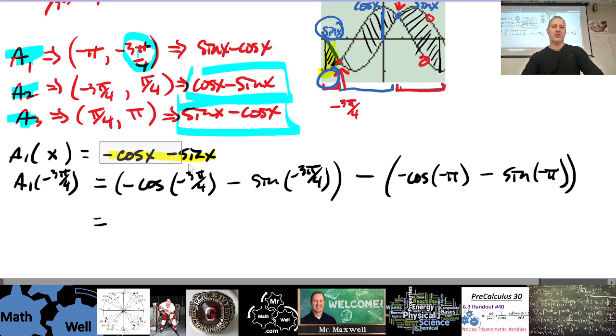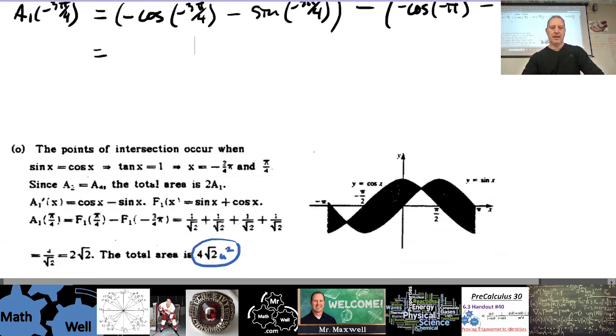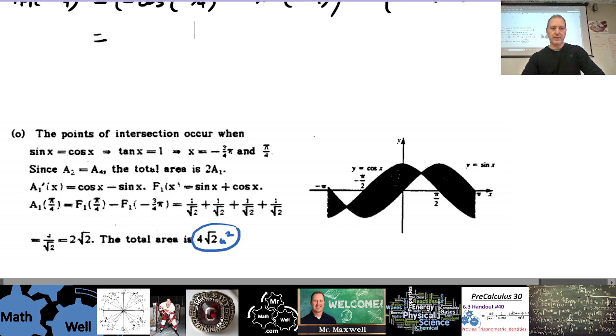So you get this as your antiderivative function for area 1, and then you take the far right boundary, put it in, and then minus the same expression with the far left boundary. Anyways, it looks like it should be 4 root 2 as a total area when you add all these up.